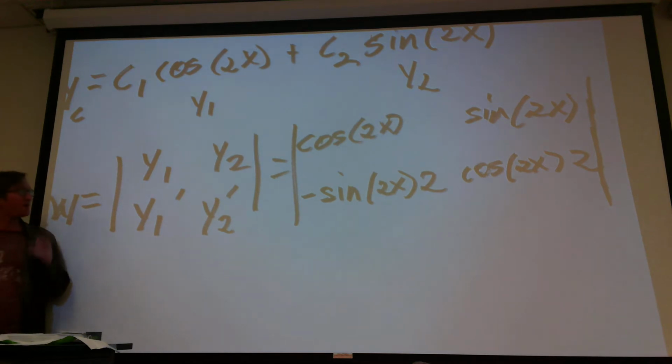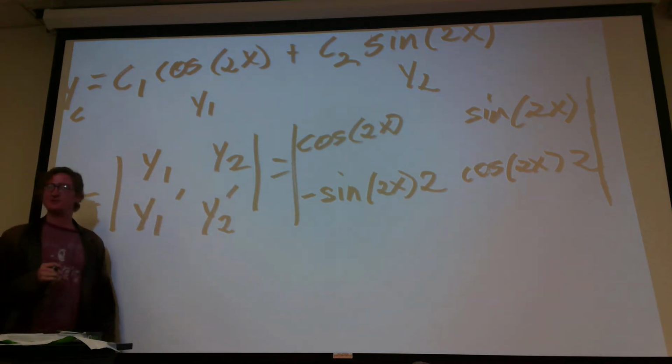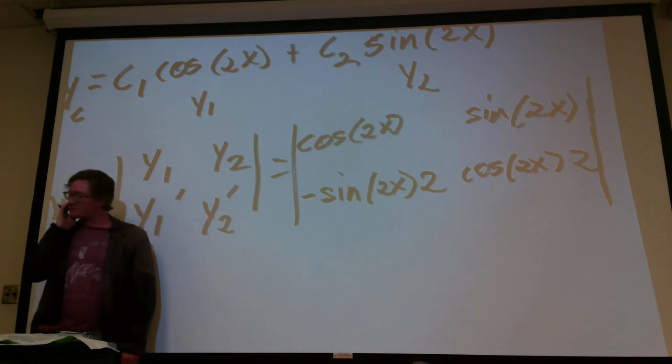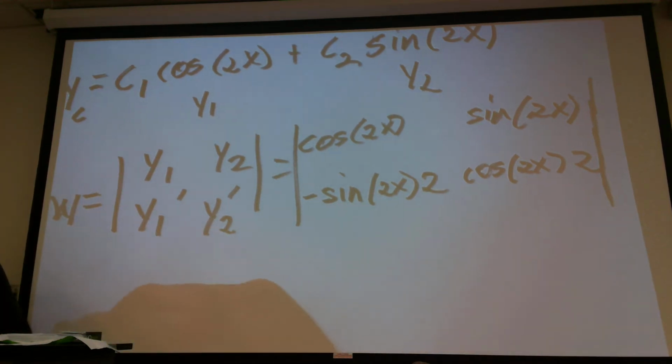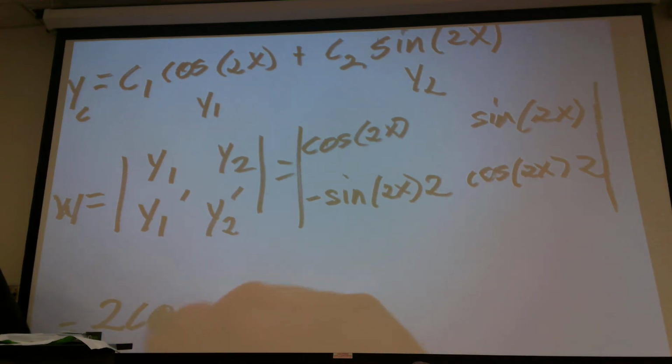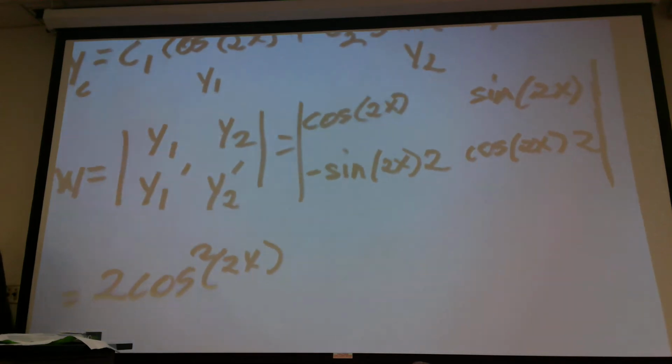All right? So we're doing this determinant. Cosine multiplied by cosine is cosine squared, so this is going to come out to 2 cosine squared of 2x.